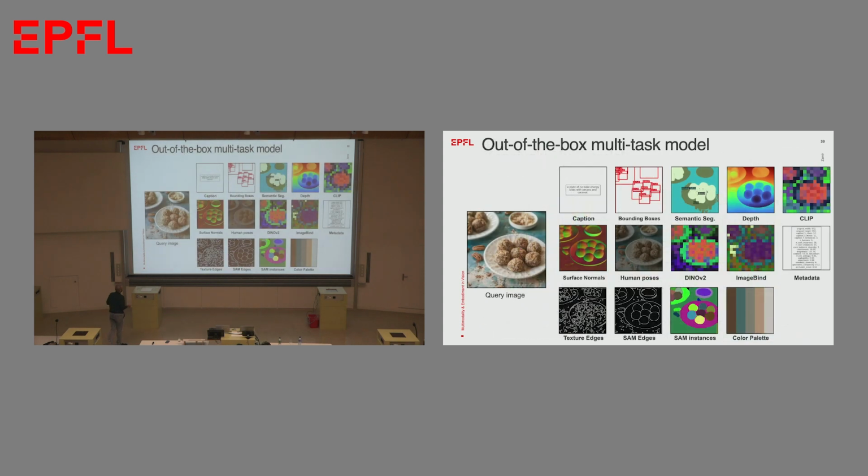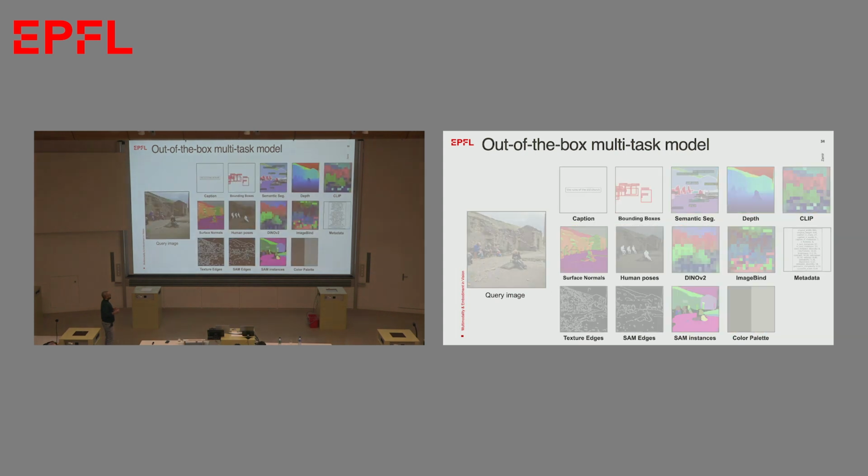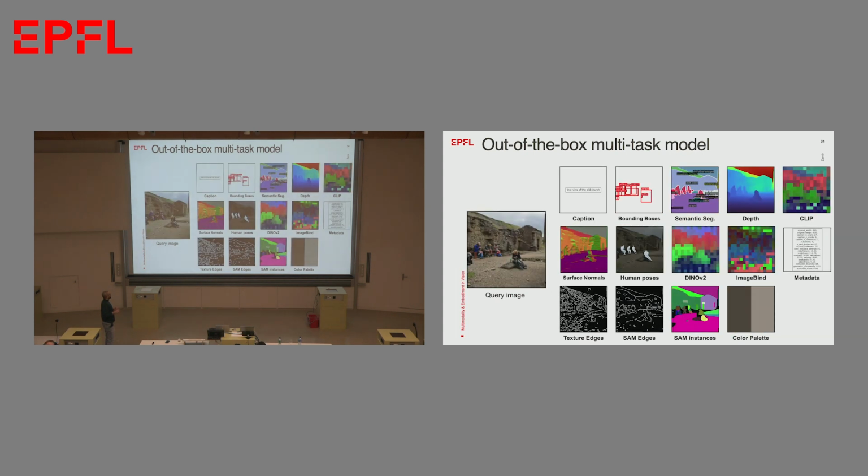So that's 4M. The outcome is a model that can solve quite several computer vision tasks out of the box with competitive performance in a self-consistent way. You can see caption, bounding box, segmentation, depth, normals, edges, and so on. This is another one where there are some humans sitting there, so now there's human activity, and so on.